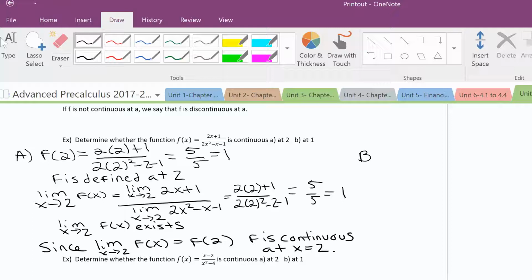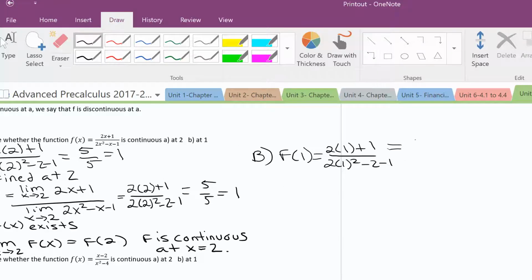So if we look at b, if we find f of 1, that gives us 2 times 1 plus 1 over 2 times 1 squared minus 1 minus 1. Sorry, it should be 2 minus 1 minus 1.